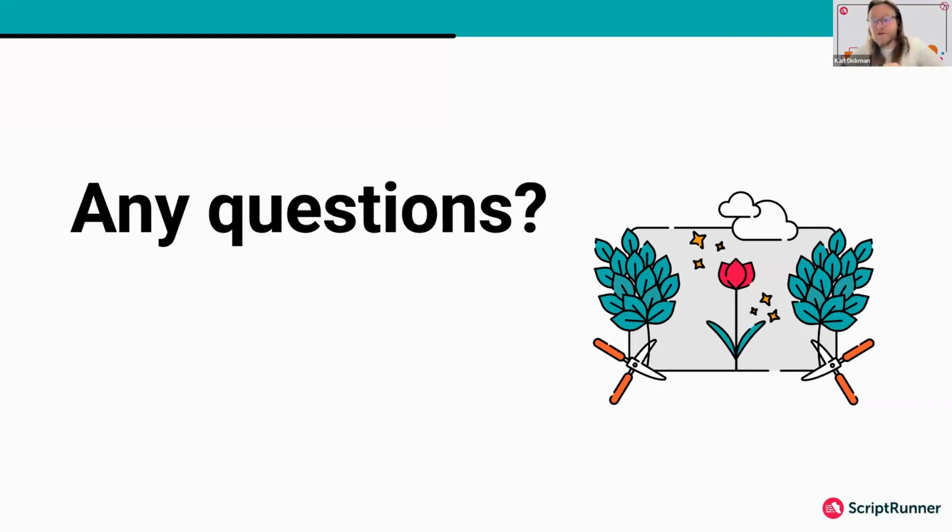Brilliant. All right, there's another question snuck in there at the end. Can I take action on a subtask based on when something is set on the parent? I don't know who's asked that. I don't think I fully understand the question.